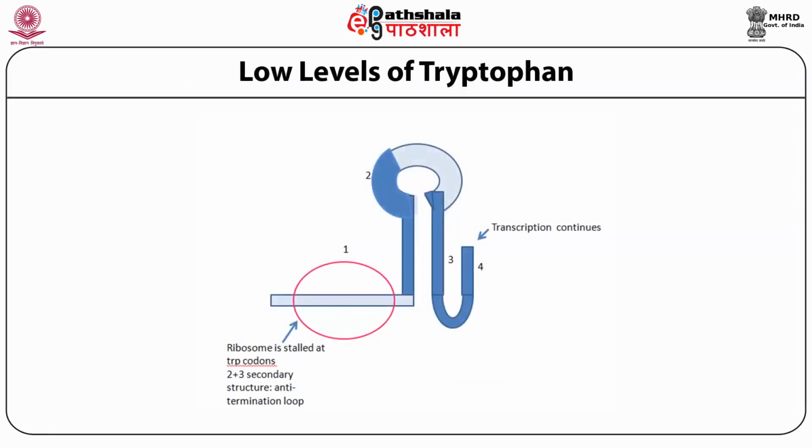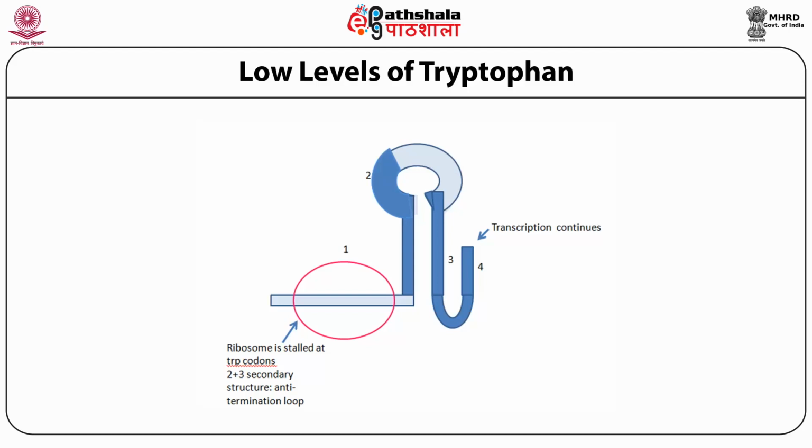Attenuation of the tryptophan operon when the levels of tryptophan are low. However, when the tryptophan levels are low, the ribosome pauses at the 2 TRP codons contained within region 1.